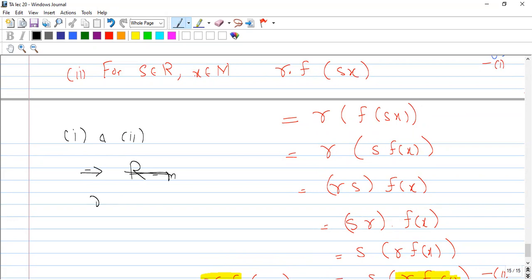That implies that r dot f is an element of Hom. So far we have only defined two well-defined operations on the Hom set: scalar multiplication and addition. Now, what is the claim? That Hom of R(M, N), under the addition and scalar multiplication defined above, is an R-module.